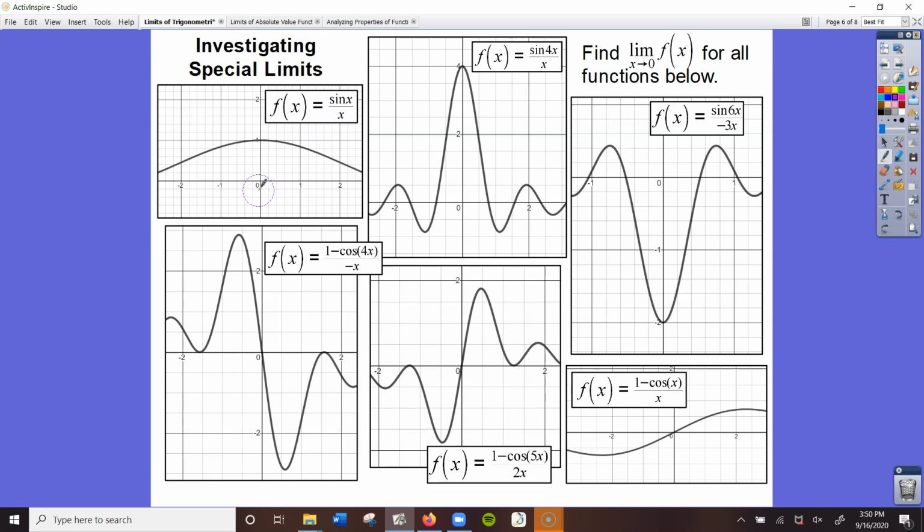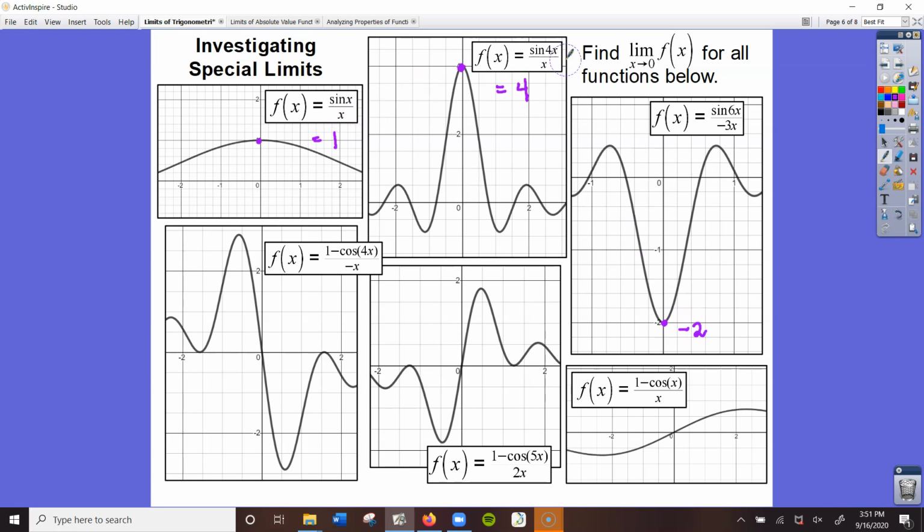For this first one, I'm looking for the limit as x is approaching 0, and I can see here that it equals 1. For this second graph, as x is approaching 0, my limit is equal to 4. And for this last one here, the limit as x is approaching 0 is down here, which is negative 2.